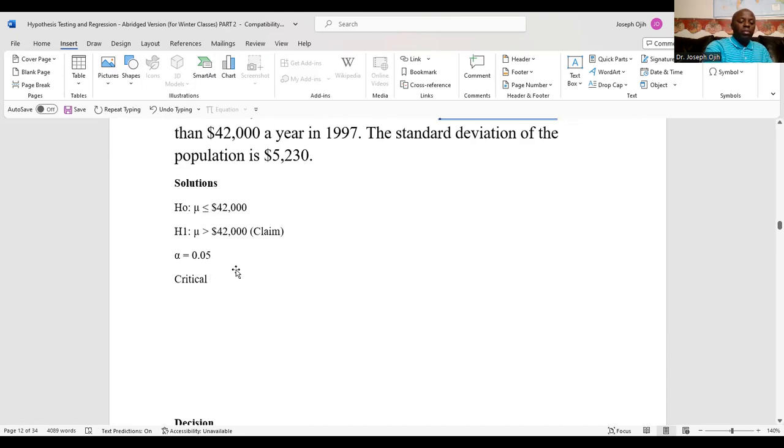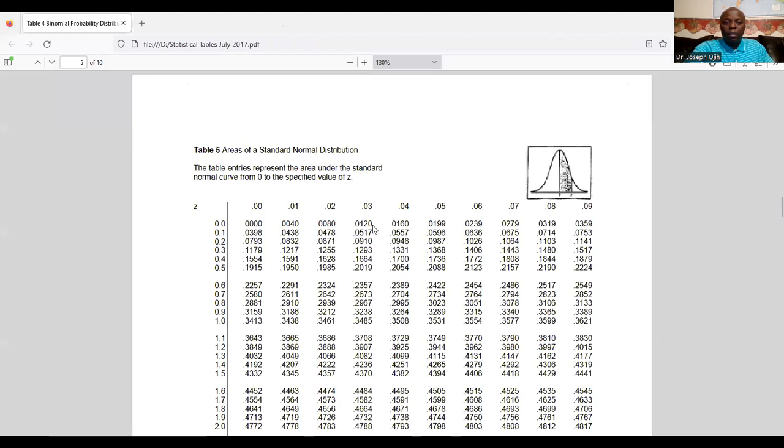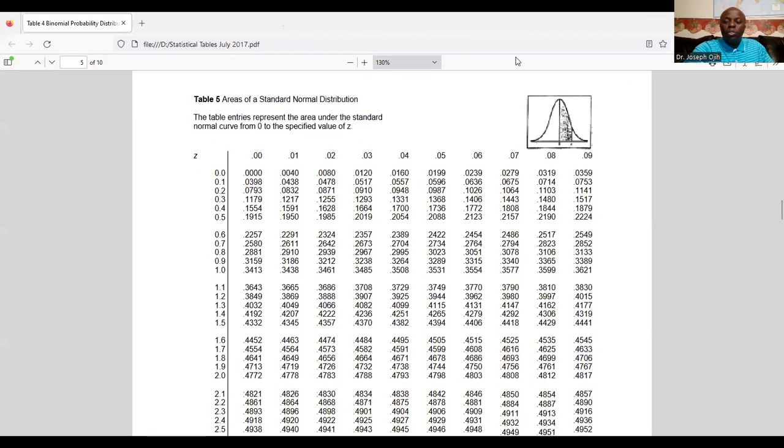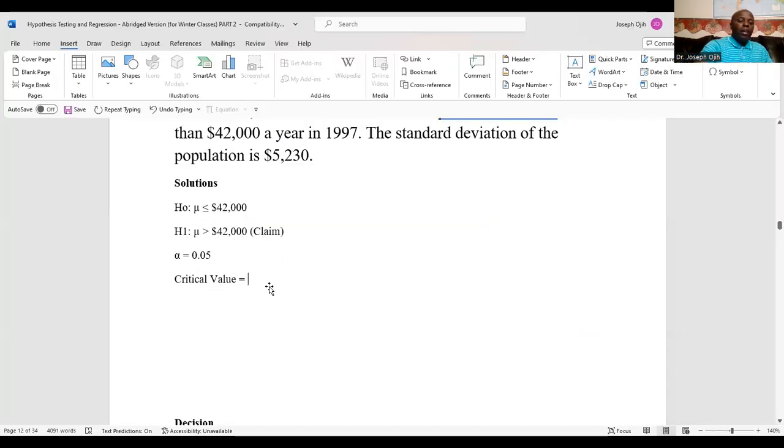I will show you how the right-tailed test looks like after getting the critical value. Remember I told you from the chart we are using before that whenever it's on the tail, you subtract from 0.5. This type of table is not the cumulative one.